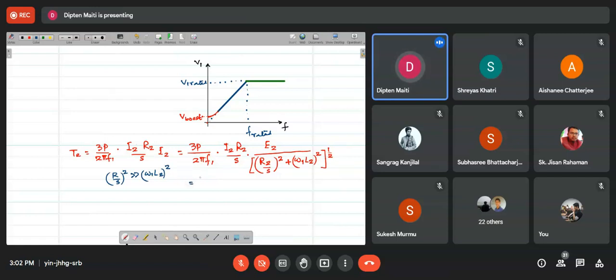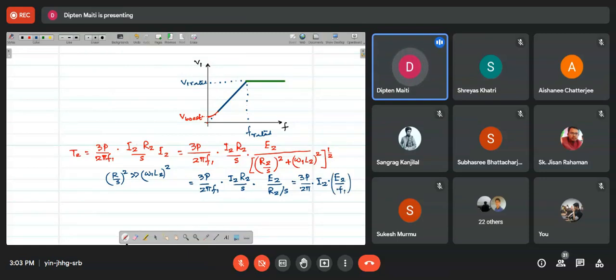So in that case, the torque becomes proportional to E2 by F1.